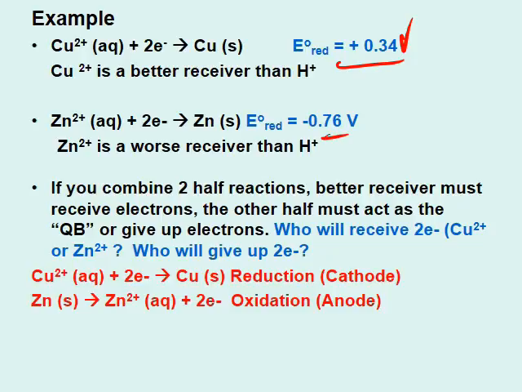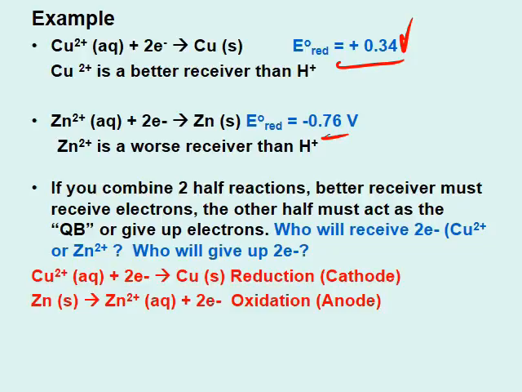So these are all reduction values, assuming that they undergo a reduction reaction. Now, keep this in mind. A better receiver would have a larger positive number. A worse receiver would get a larger negative number. But two of these half cells would make a complete cell.